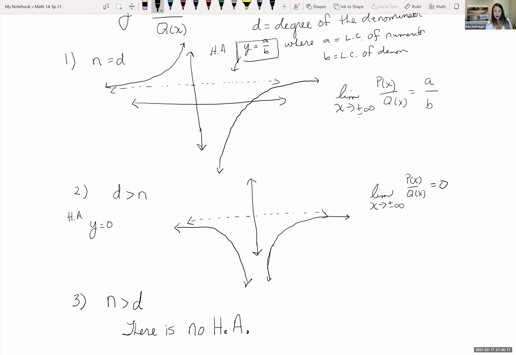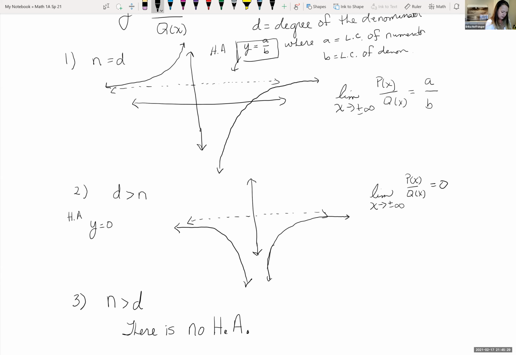We can figure out, is it shooting off to positive or negative infinity? But it's not going to go towards one y value.